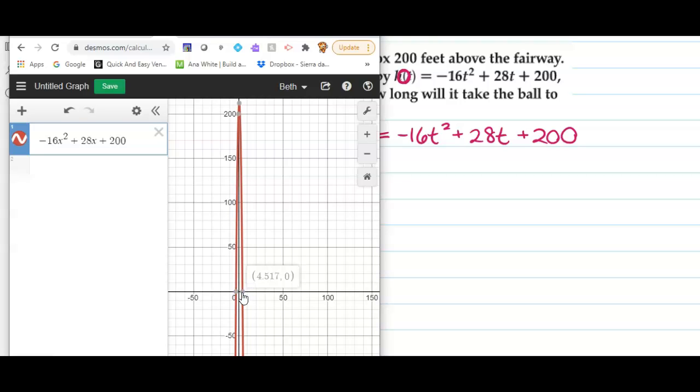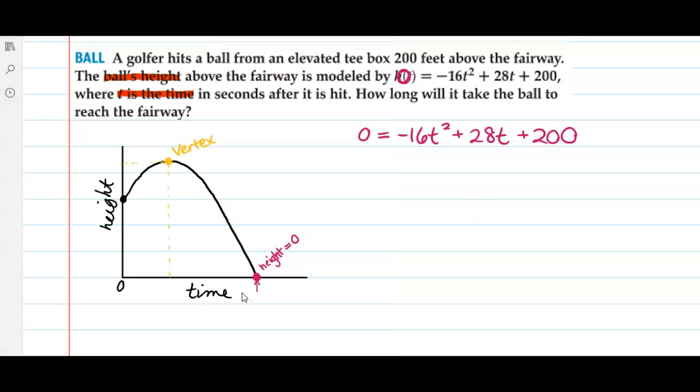And this is the point 4.517. So what does that mean? After 4.517 seconds, the ball hits the fairway.